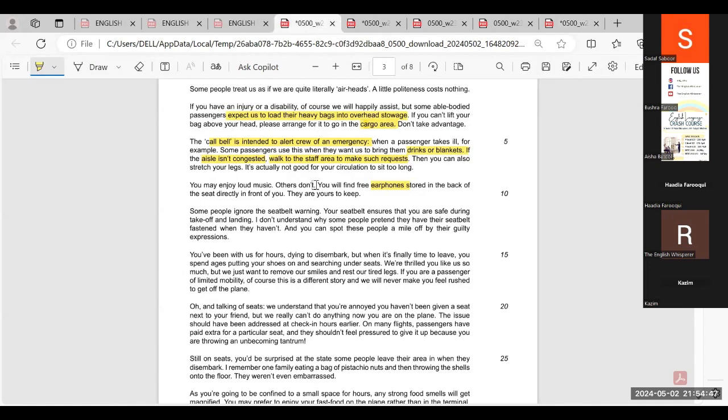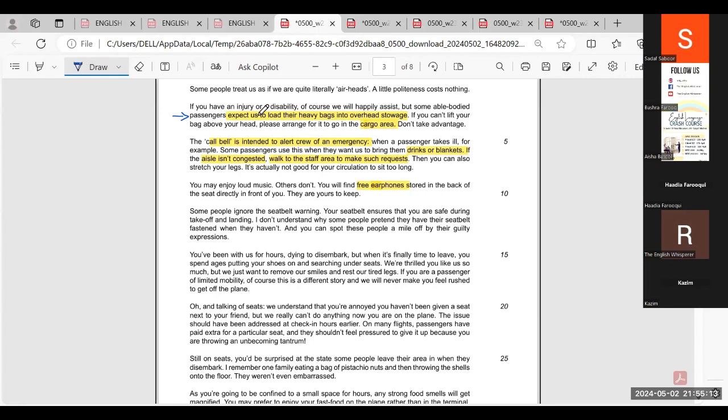Some points that are obviously in the text are use the free earphones. This was an obvious thing. What was not obvious was this point, don't carry heavy bags on. So basically finding the opposite. You can say carry light bags and don't ask the flight attendants to put them in the overhead stowage, right? That would be an implied idea.